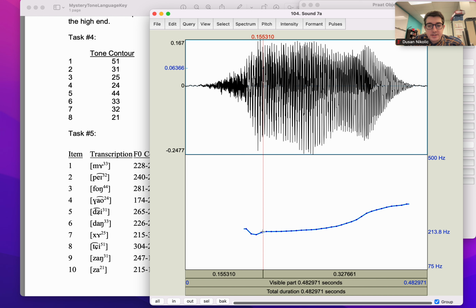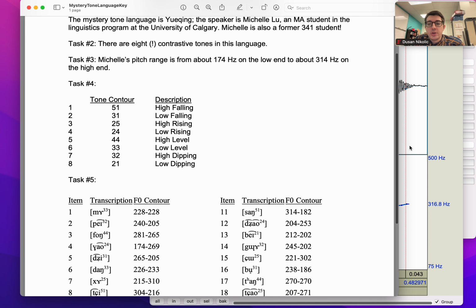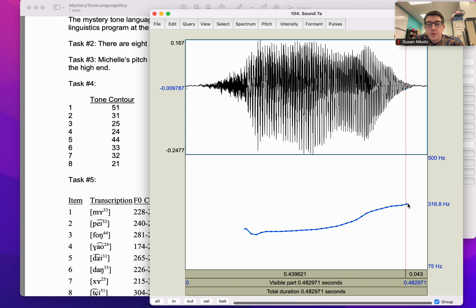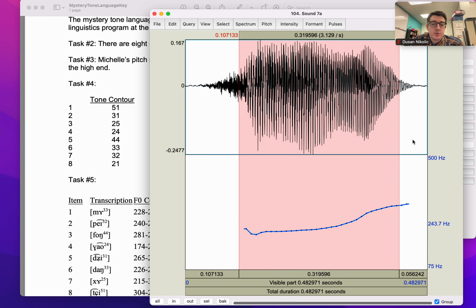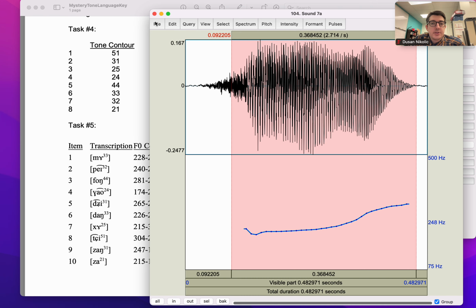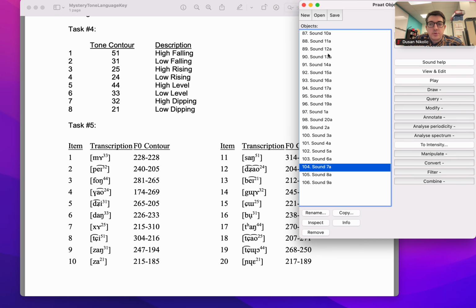So this one is very low at the beginning, like 210, and it rises up to 316, actually almost the maximum range. So yeah, to 314, which is 2-5. So this one is, I think, pretty obvious, right? And I'll choose maybe 1 or 2 more.